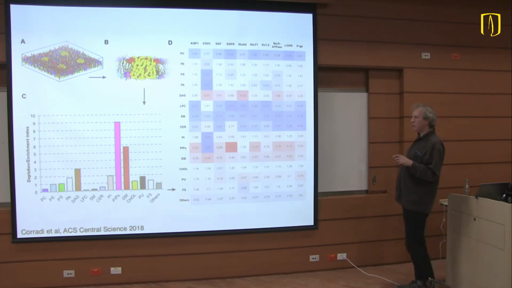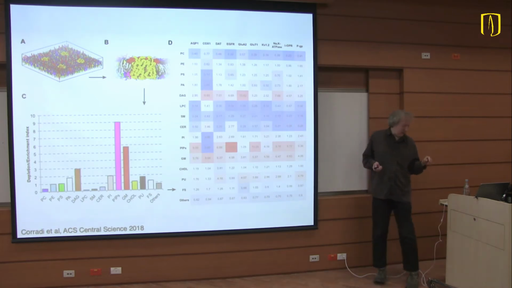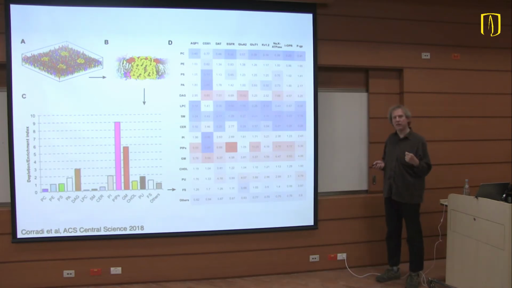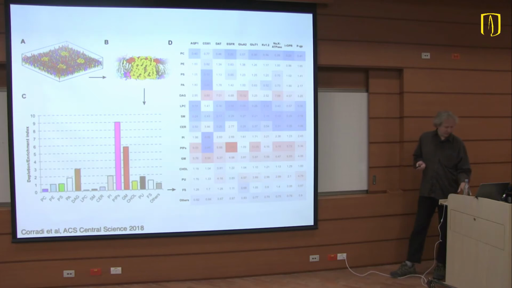So one is that for all proteins, the lipid composition around the protein is different from the bulk lipid concentration. So the proteins change the local lipid concentration compared to bulk. The other thing that was interesting is that if you compare all of the proteins against each other, the lipids around each protein have a statistically different composition compared to all the other proteins. So each protein generates its own unique lipid environment.